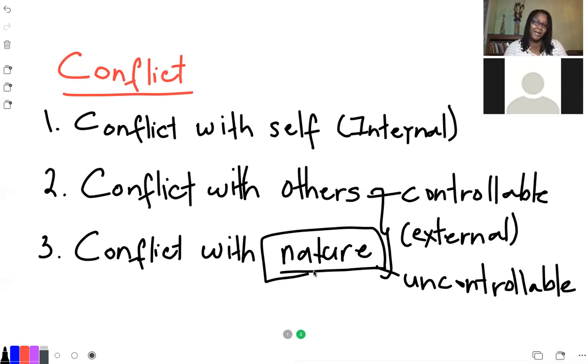So that very simple example sort of breaks down the three types of conflict. You can have those three types of conflict occurring in your story, and it should not be a problem depending on how you weave them in and out of each other.